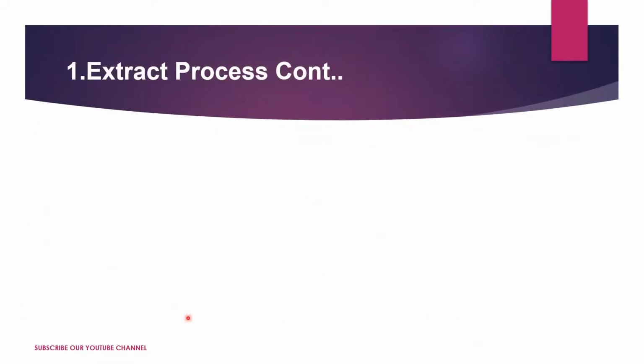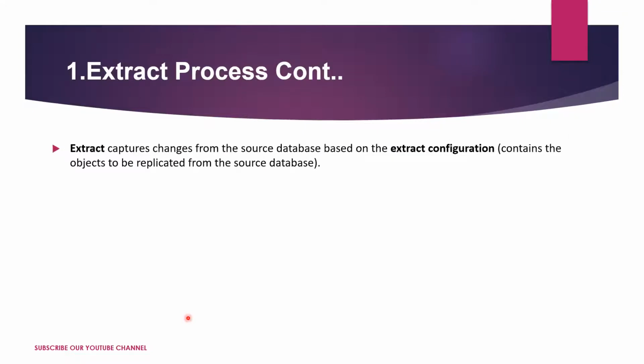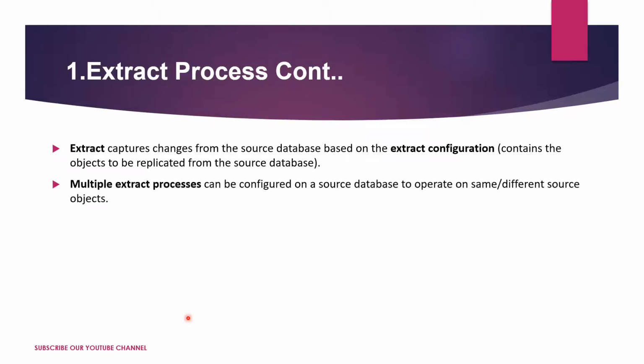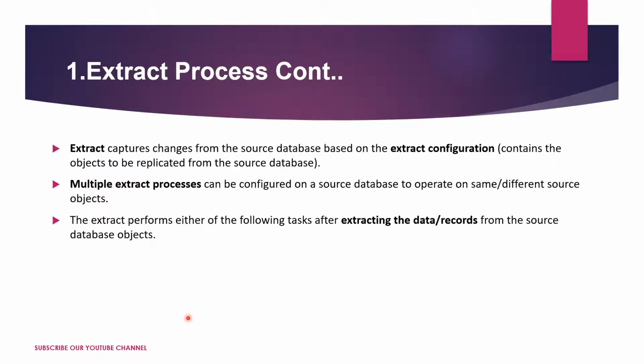So let us move further, that is a continuation of the extract process. Extract captures the changes from the source database based upon the extract configuration, whether it is initial load or change synchronization. We can also configure multiple extract processes from one source database to different target databases.